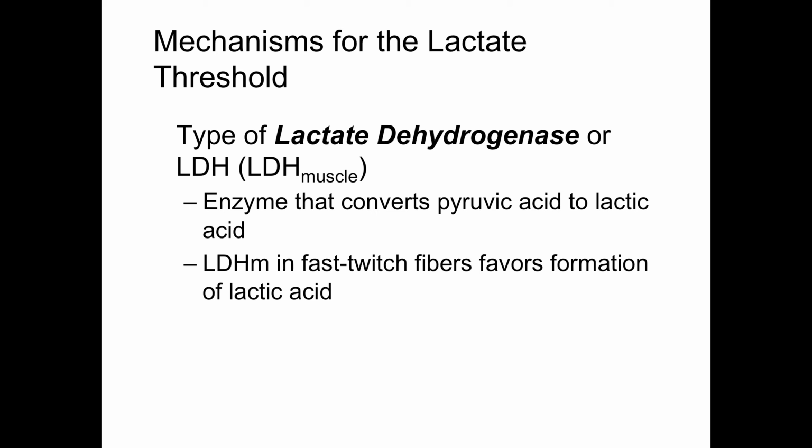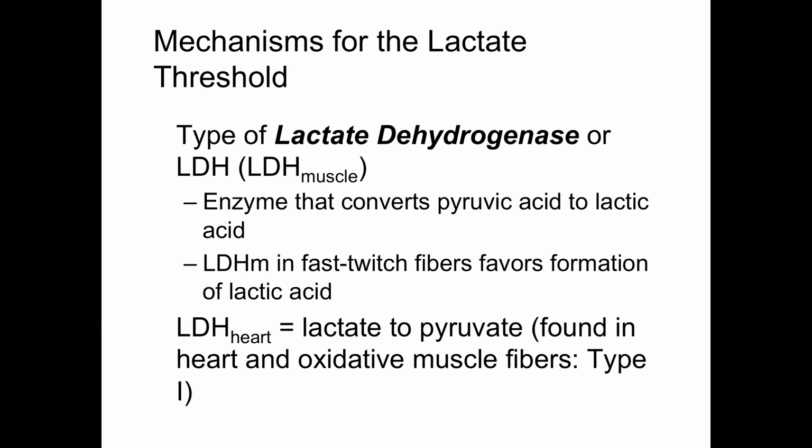The same name of the enzyme LDH, or lactate dehydrogenase, but a slightly different form. It was originally found in heart tissue, and it's also now found in type 1 oxidative muscle fibers. And it would take lactate and change it back into pyruvate. So one mechanism for this lactate threshold would be which form of LDH enzyme is present.